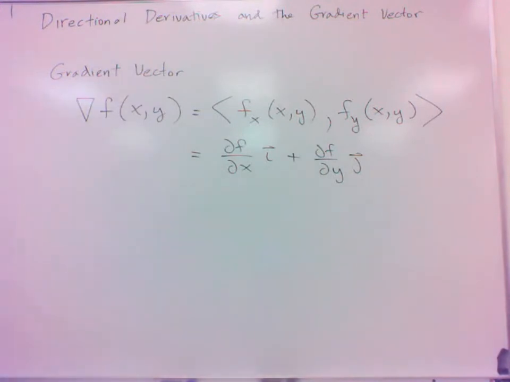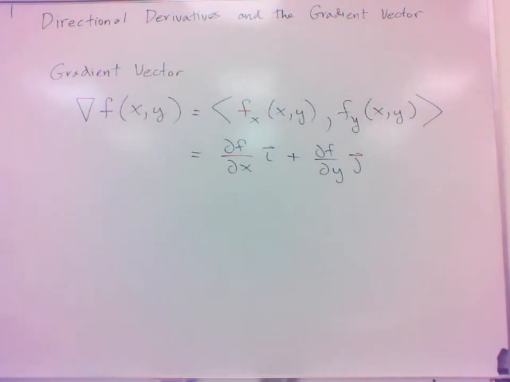Okay, so it's just a vector. Now, this symbol right here, if you're not familiar with it, is del, Greek letter del. So del f is another way you can read that, the gradient vector, or del f.